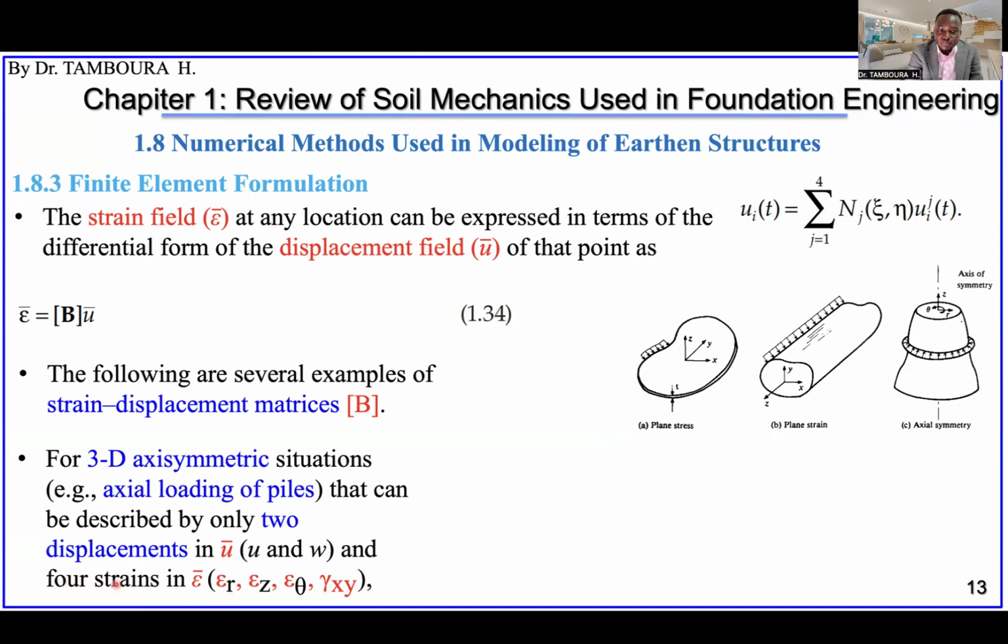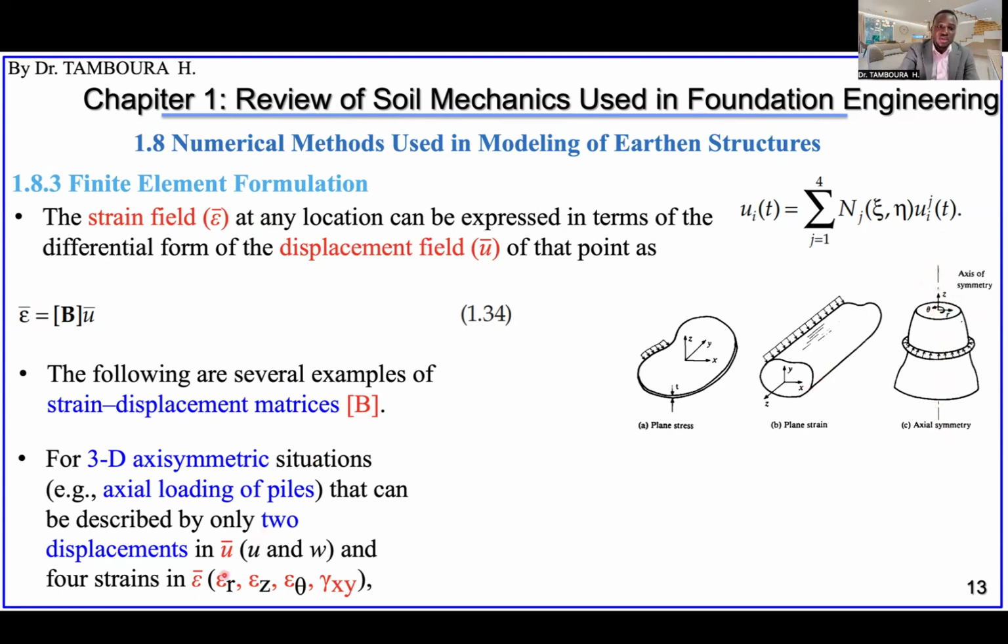And for the strain, as you can see here, the variables we have are R, and the angular displacement. For example, if you start here and you come here, what will be the angle of this displacement? And of course you have the Z axis, and X and Y.